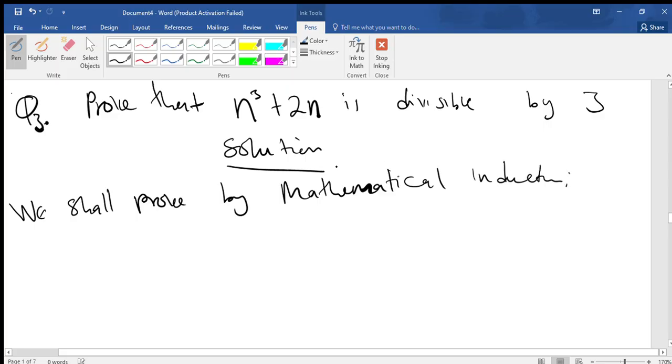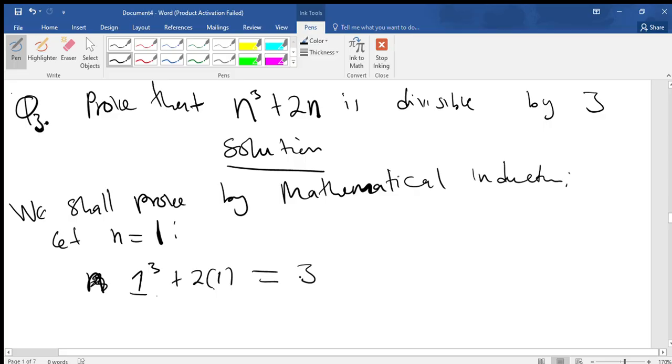So proving by mathematical induction, what are we going to have? We can say let n be equal to 1. So if n is equal to 1, we're going to have 1 power 3 plus 2 multiplied by 1. This is equal to what? 1 plus 2, which is equal to 3.